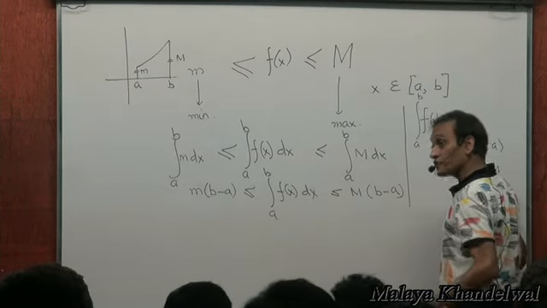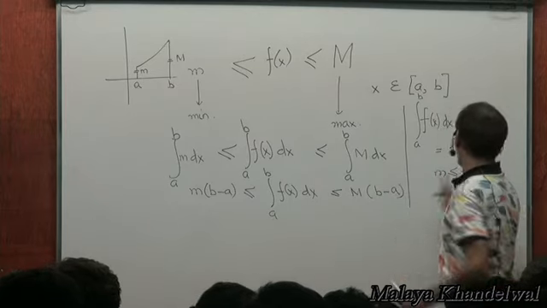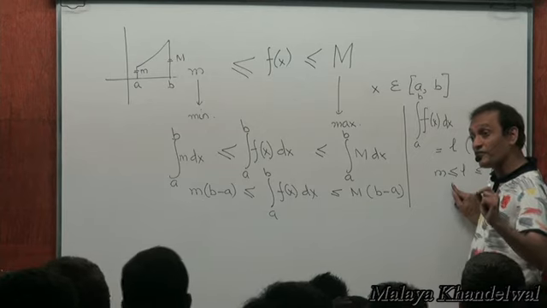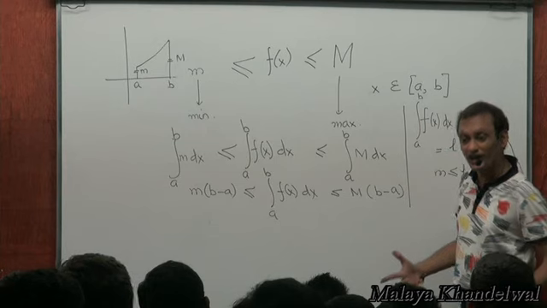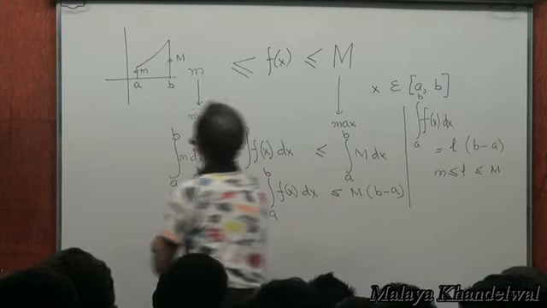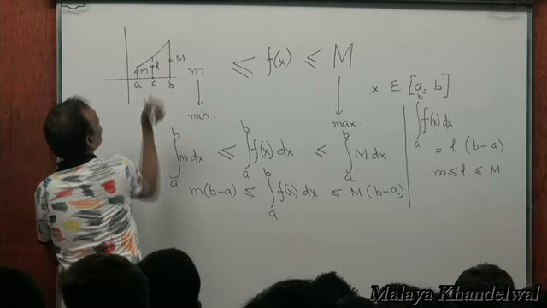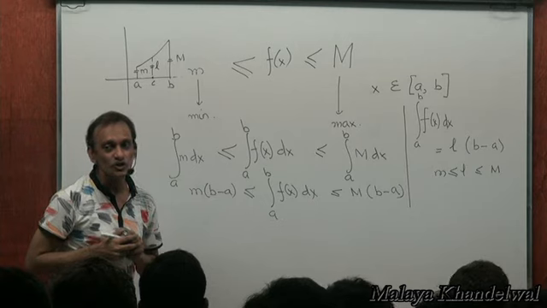If it's a continuous function, it will assume all values between its smallest and greatest values. L is a number between its smallest and greatest values. Therefore, the function f(x), if continuous, will assume a value L for some x equal to c, right? Therefore, there would be at least one c in the interval a to b for which the function assumes a value equal to L. Yes or no?